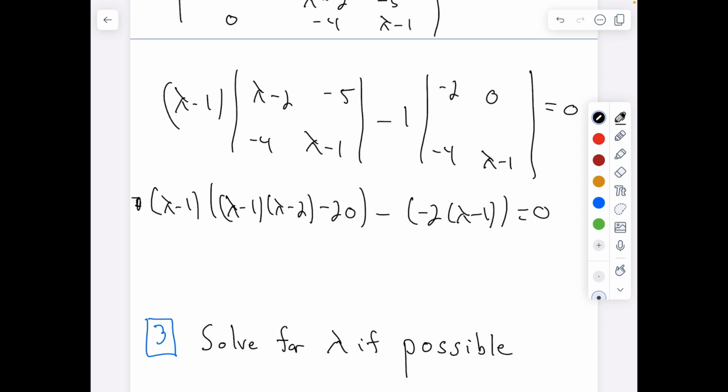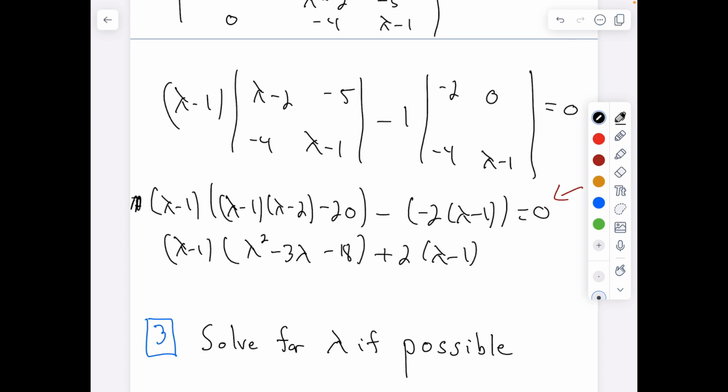If I look at this equation, this would be lambda minus 1 times lambda squared minus 3 lambda minus 18, if you did all the math inside the parentheses. And then here you get plus 2 times lambda minus 1.